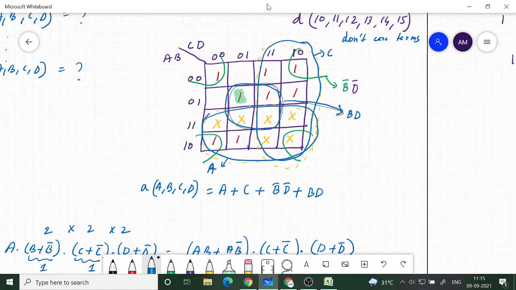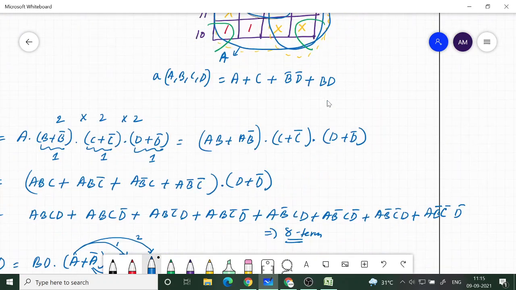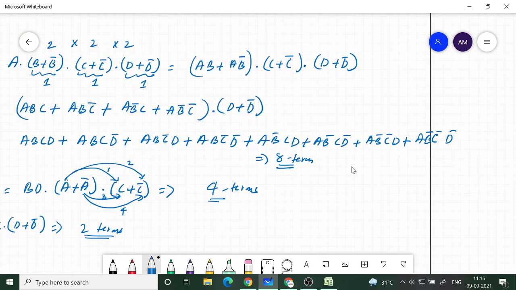Whenever we make a group of 8, if you look at all the terms which we have listed, they are actually part of this group. By grouping them, we are essentially combining these different terms. For example, you can first combine these 2 terms. So D plus D bar will go away and it will become ABC.